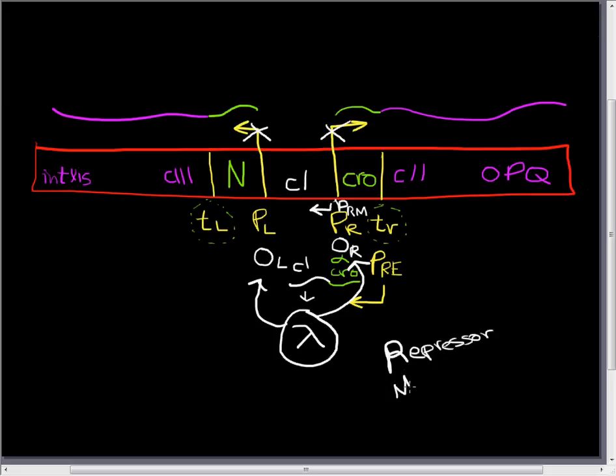And it's maintaining the lysogenic cycle. So you can see that we've now turned off the production of both of these long transcripts. We're still able to make this short C1 transcript.